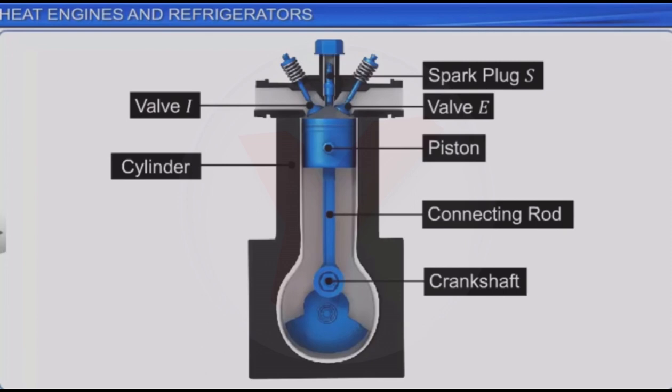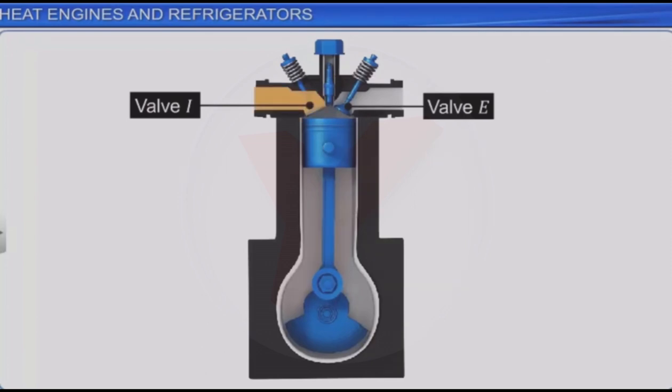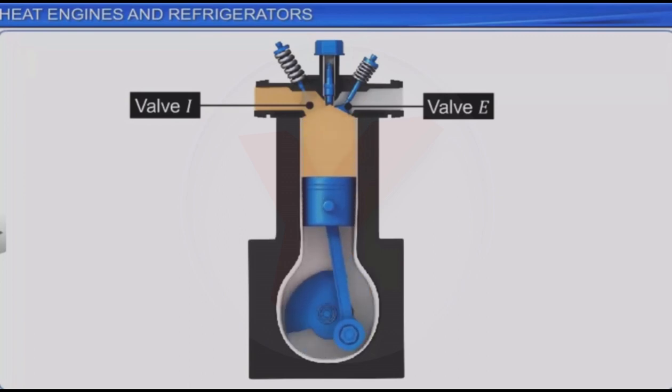The working of the petrol engine can be described in the following 4 steps. In the first step, a mixture of petrol vapor and air enters the cylinder through the inlet valve I. During this process, the piston moves down, and this is called the intake stroke.